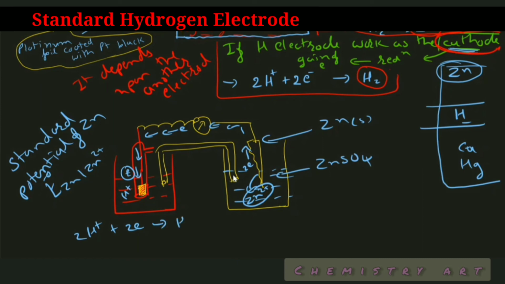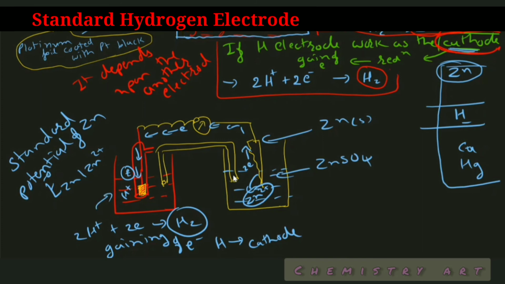I can write it like this: 2H+ + 2e- gives H2. At the other side zinc is working as the anode, while the hydrogen electrode is gaining electrons, so it is working as what?